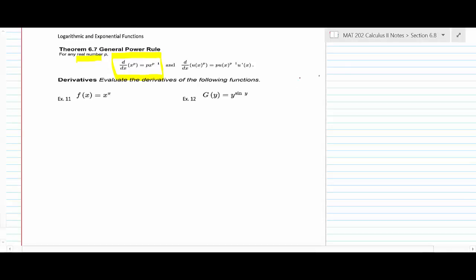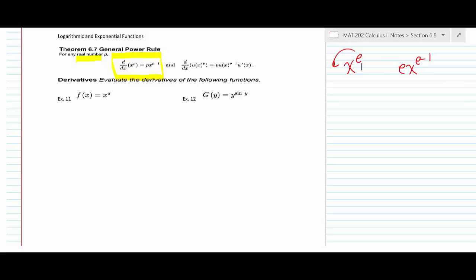So in other words, if you had a function like x, and that could be even to the e power, if you did that derivative, it works like anything. It would just be e x to the e minus 1, like you've been doing since you learned the power rule. So it works for every single real number, no matter what it is.